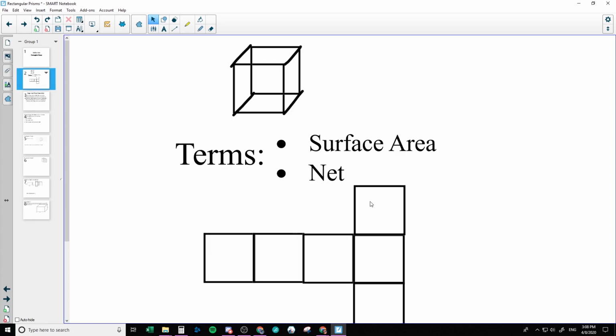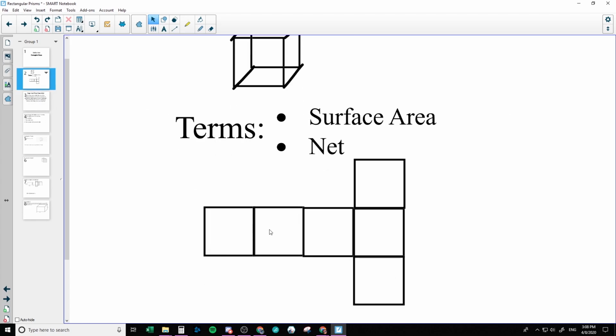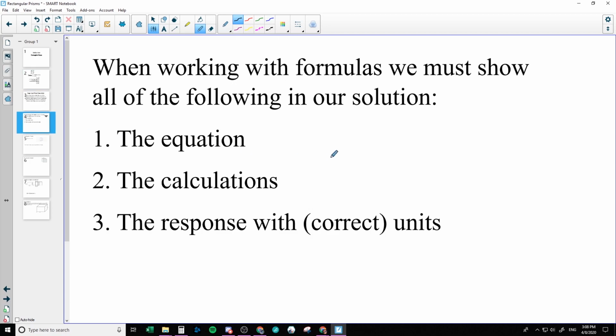So we break it down to what surfaces make up this three-dimensional object. Okay, we've got the 6 surfaces here. And then we just add them all together to get our surface area of this cube, okay? Really simple.